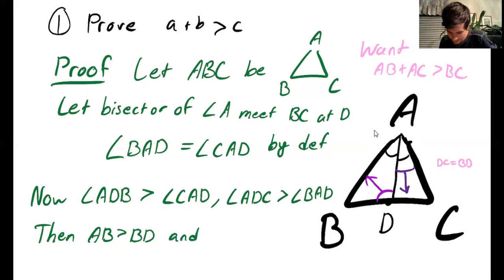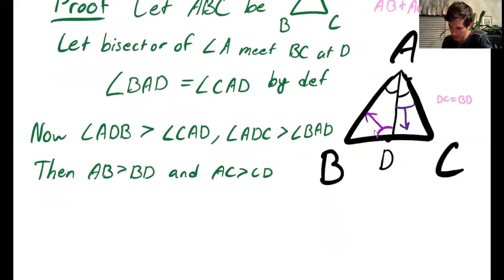And by the same logic, AC is going to be greater than CD, or DC right there. Now, if we add this and this with this and this, we can get the same thing, but mix them together.